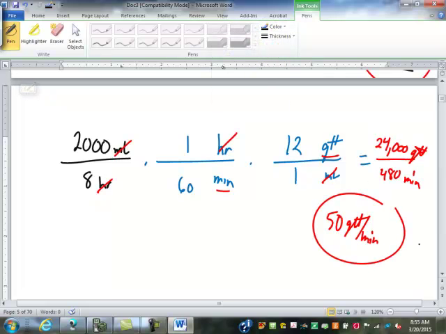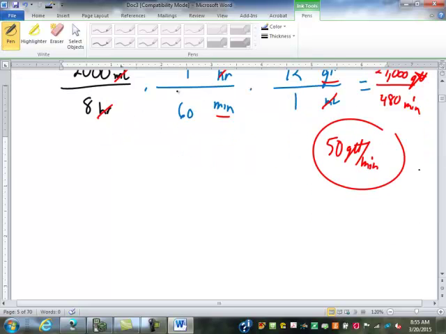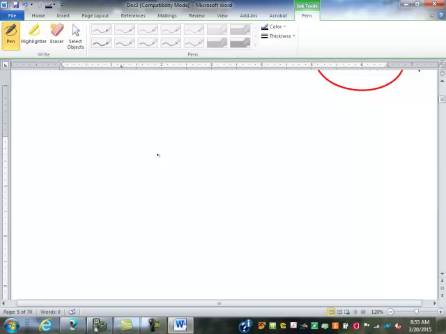Any questions? So let's say that we have an order for 3,000 milliliters to be administered over 1.5 hours.